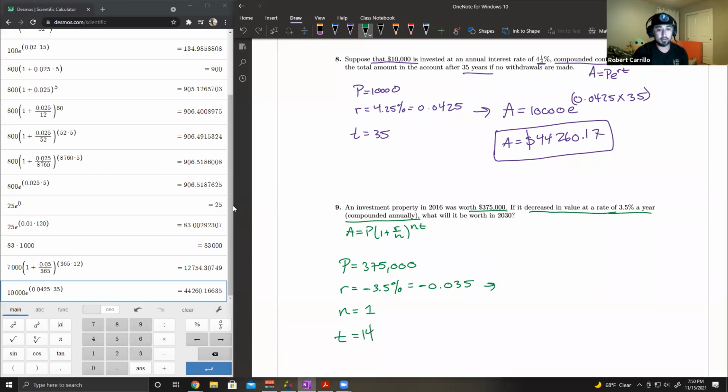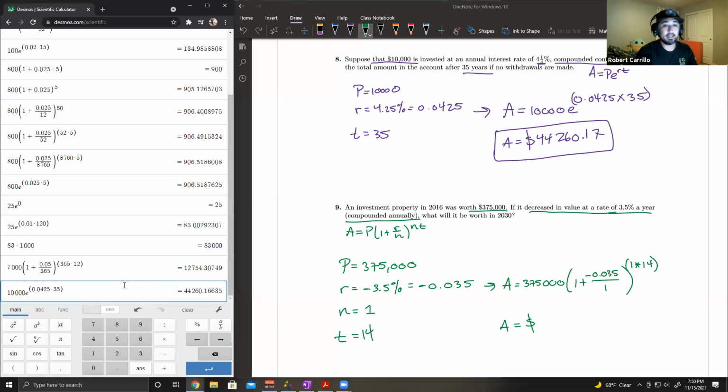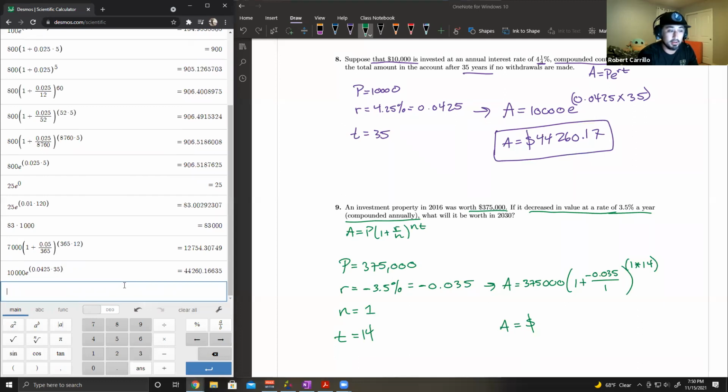Okay. Now plug it in. A equals 375,000 times 1 plus negative 0.035 over 1 raised to the 1 times 14. Okay, let's see how much this investment property is worth in 2030 if its rate keeps decreasing.